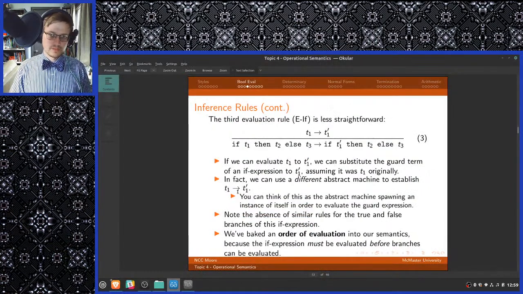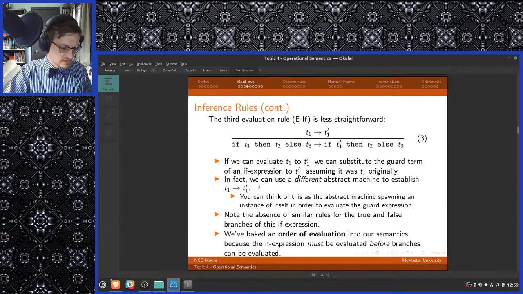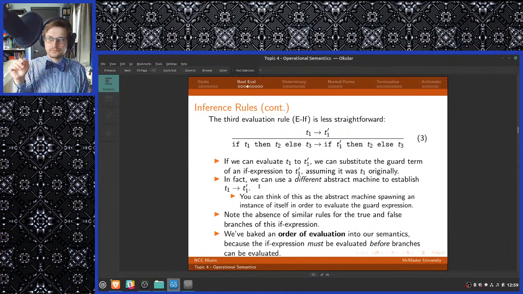Wonderful. We can use a different abstract machine to establish T1 evaluates to T1 prime. In terms of implementation, what this essentially means is that when your execution hits an if statement with a term that has not been fully evaluated, you're allowed to spawn a new instance of the evaluation function in order to evaluate the guard expression.